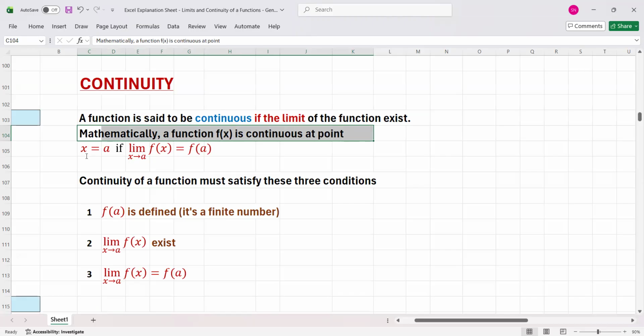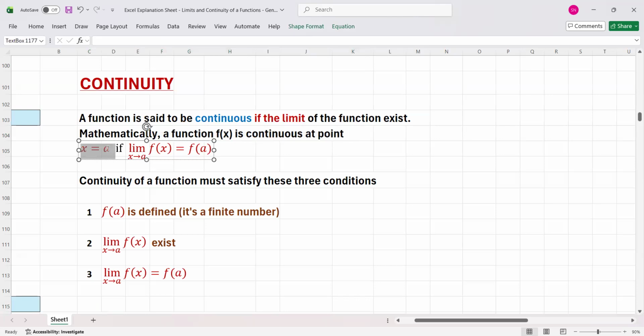They will give you the value of the point, and then you substitute the point into the function. If you substitute the point into f of x and the answer is equal to f of a, then we can say that the function is continuous at a. These are the steps you must go through. First of all, substitute a into the function, and the function must be defined. It must be a finite number.